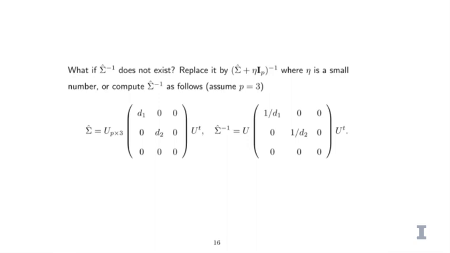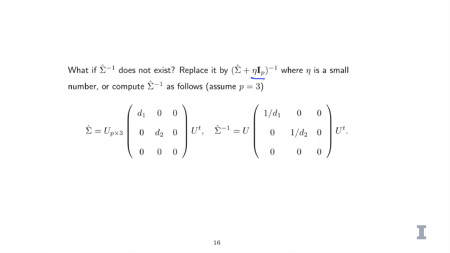So if we cannot take the inverse of this estimated covariance matrix, we can easily solve it by using the trick we used for QDA, which is an old ridge regression trick, meaning we just add eta times an identity matrix, and then we can take the inverse. Or we can compute the so-called generalized inverse of this matrix.